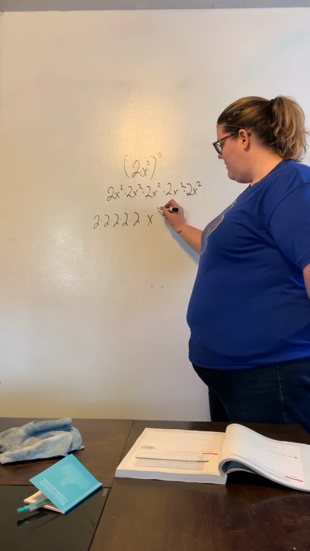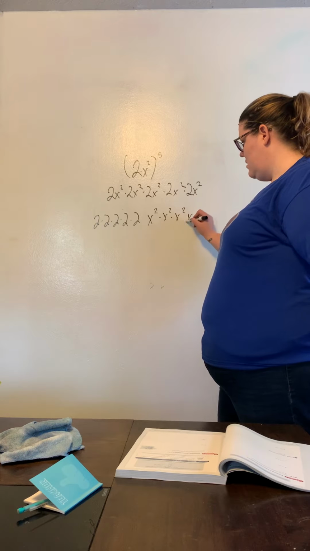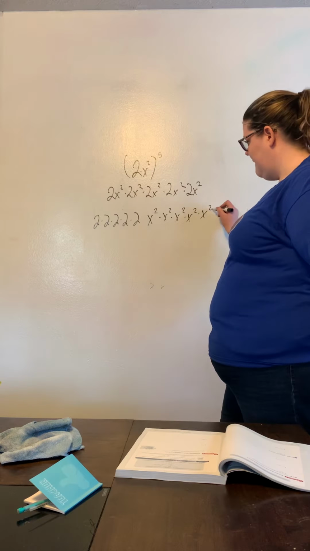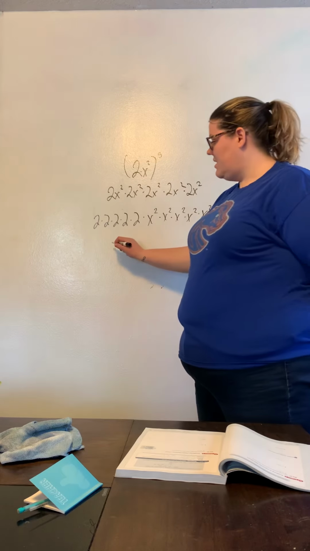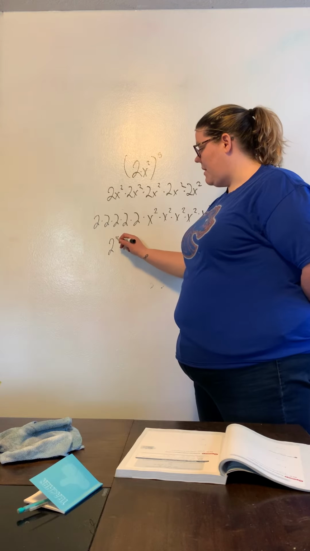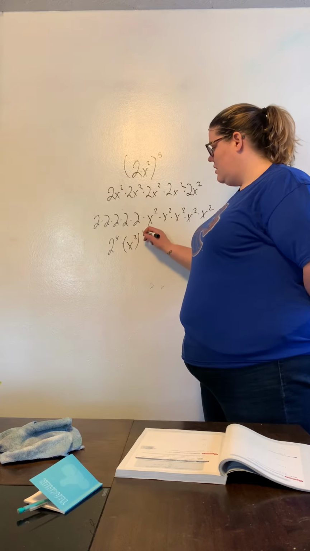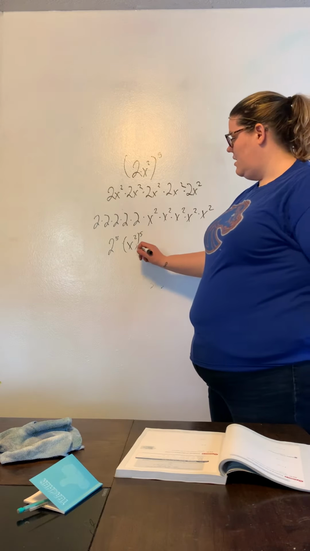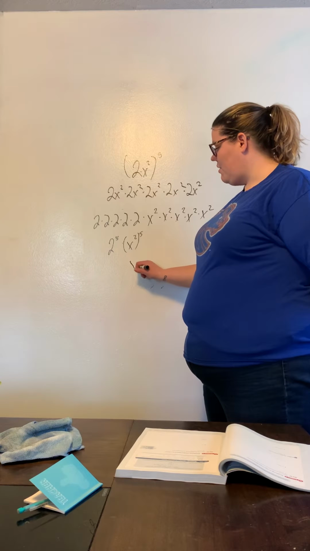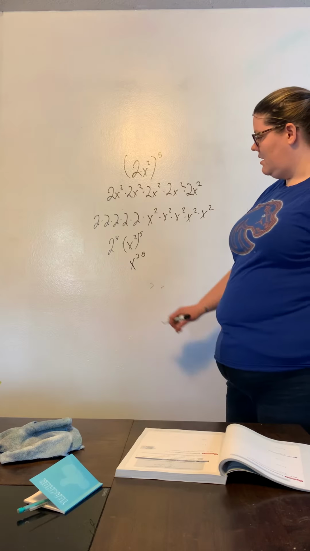I have 5 x squareds. So I can rewrite this as 2 to the 5th power times x squared to the 5th power. Okay, and then x squared to the 5th power, we know we're going to take our inside exponent and multiply it by our outside exponent.